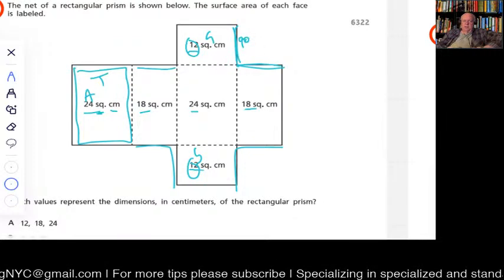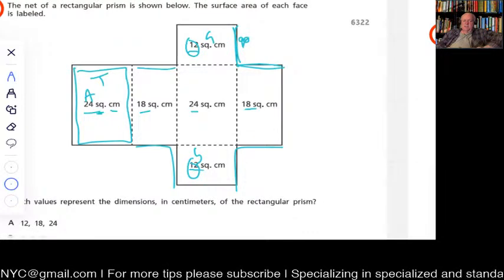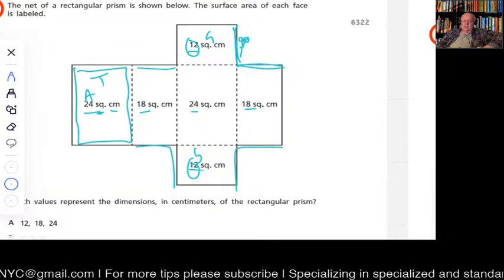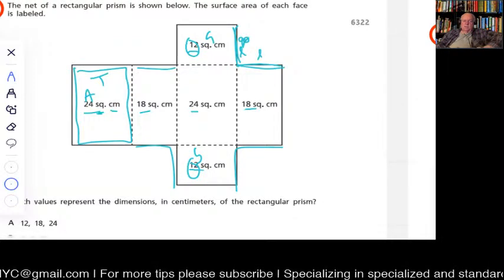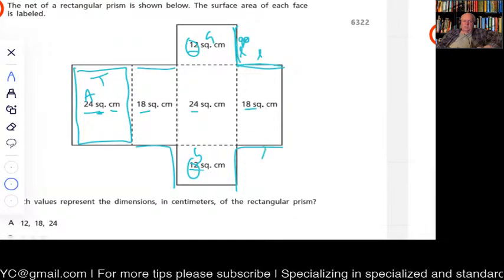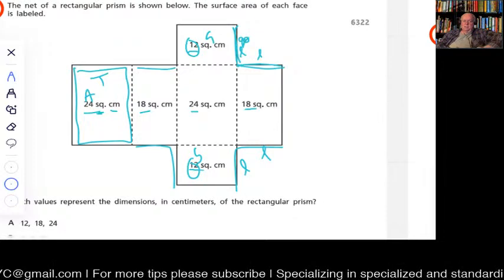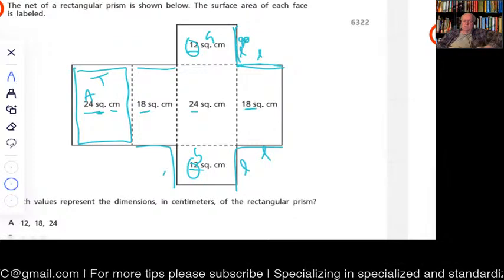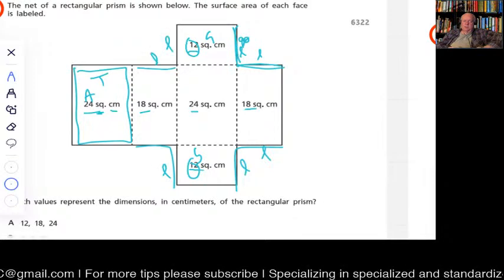Ignore that for a second. I made a misstatement. But it means whatever this length is, I'm going to call this L, that this is L. And then since this looks like it's a rectangle, this is probably L2, and that this is probably L. And if this is L over here, then this was probably L, and this is probably L, and this is probably L, and this is probably L.